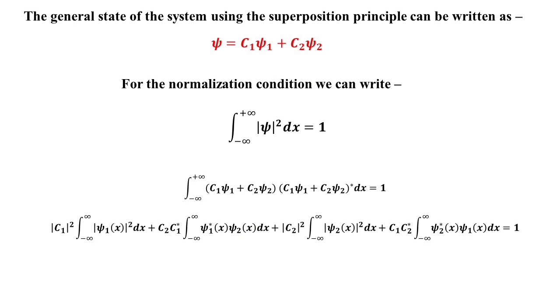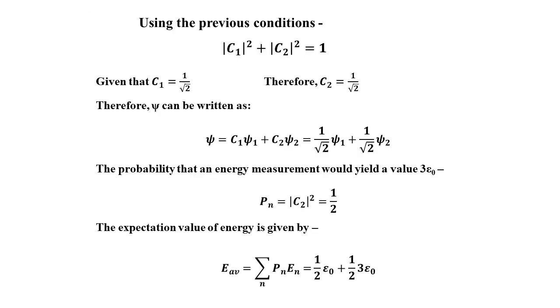And we know for the normalization condition of this state we have the integral from minus infinity to plus infinity of mod psi squared dx. So if psi is C1 psi 1 plus C2 psi 2, then what will be psi star? It will be C1 star psi 1 star plus C2 star psi 2 star. If we put back all these in this integration and multiply it, we get four possible integrals, and by using the normalization condition, the first and the fourth integrals remain, the other two vanish, and we have mod C1 squared plus mod C2 squared equals 1.